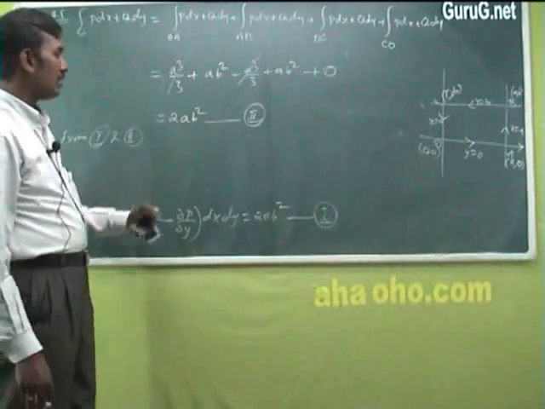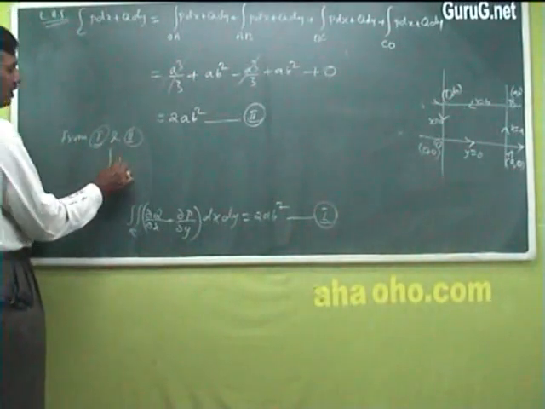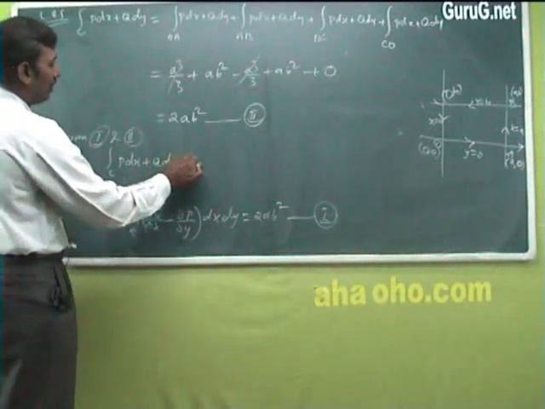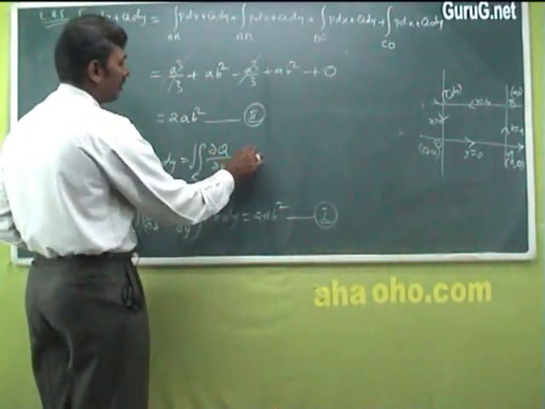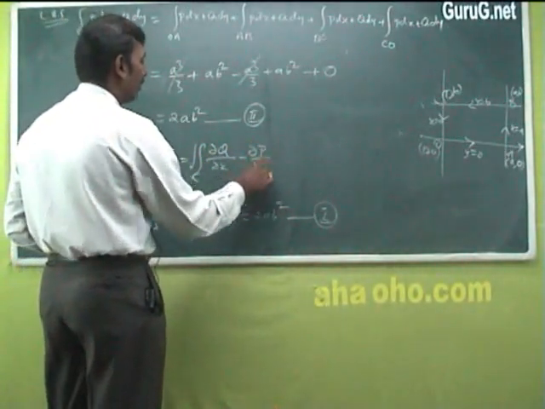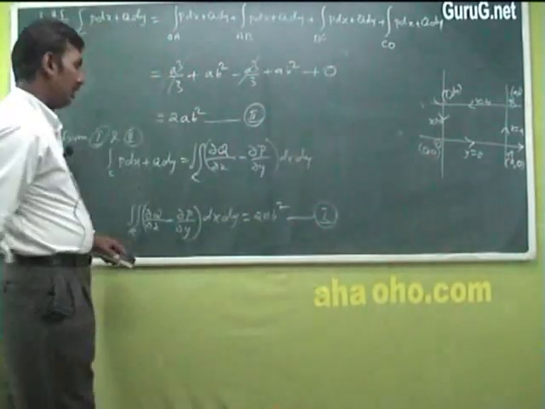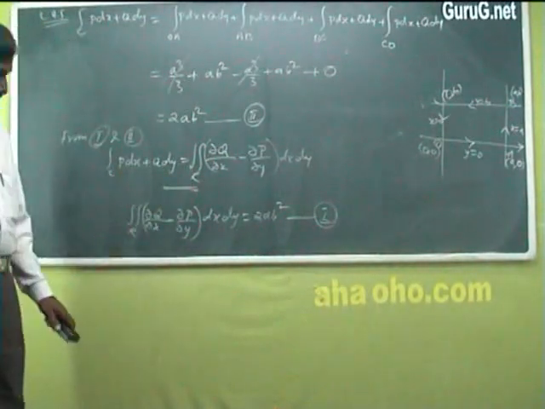So from these two results, the left hand sides are equal. So the integral over c of p dx plus q dy equals the double integral over R of dou q by dou x minus dou p by dou y dx dy. Hence we verified the Green's theorem statement.